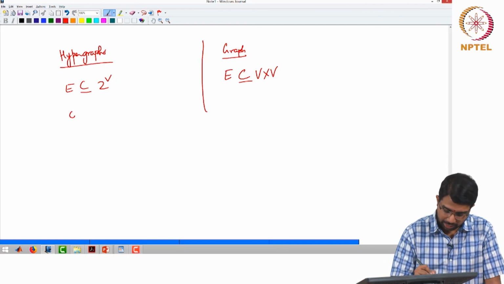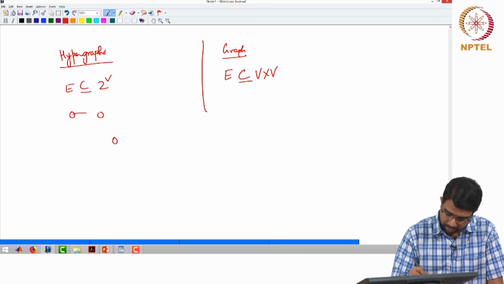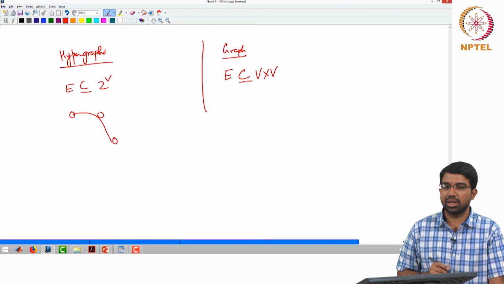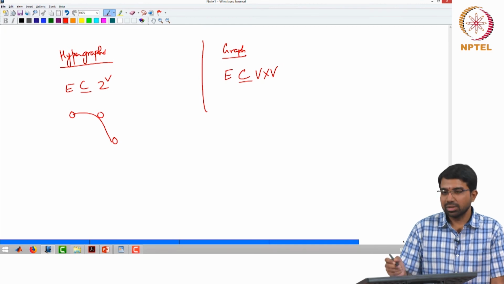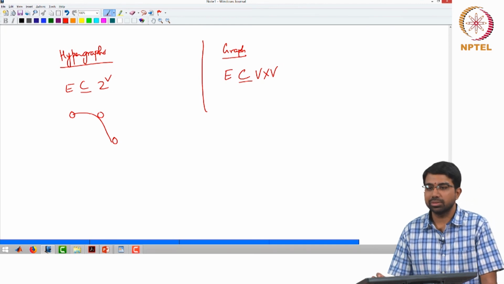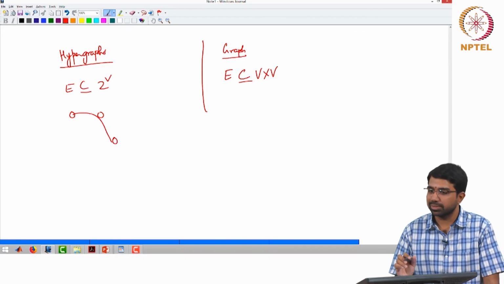So, you have A, B, C, and a hyper edge that connects these three nodes, which means there is no notion of just a path between A and B now; there is a path called ABC.